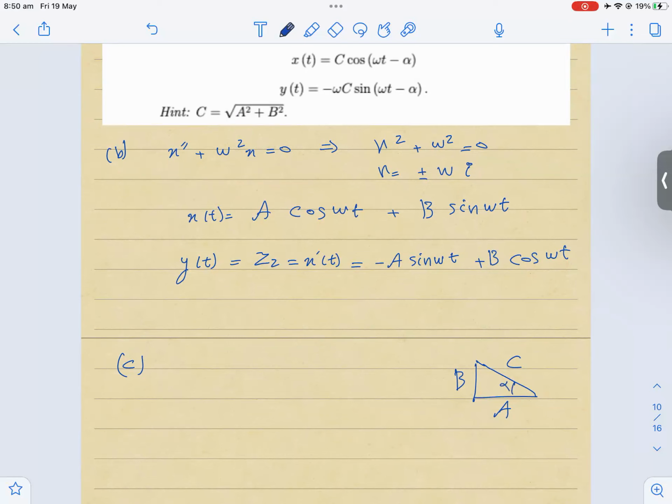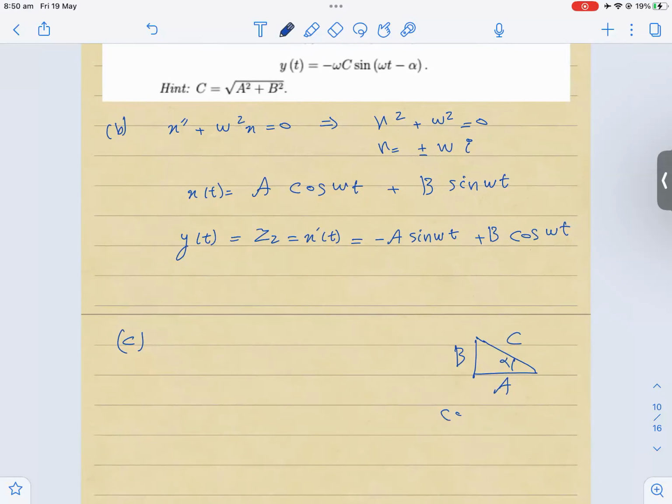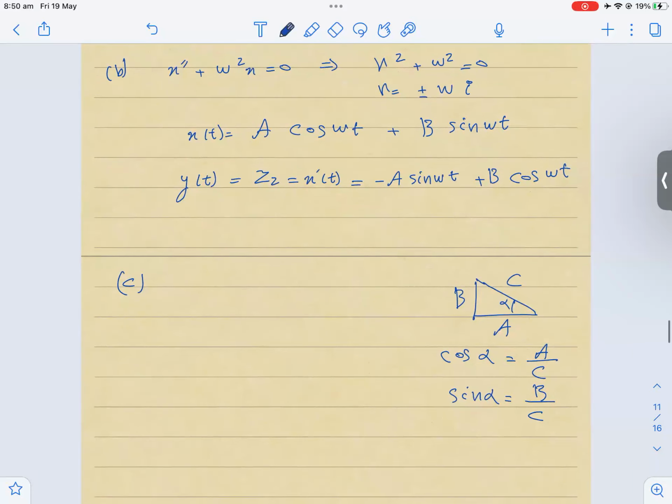If I apply this alpha, then cos of alpha is equal to this one, obviously, and sine of alpha will be b over the hypotenuse.